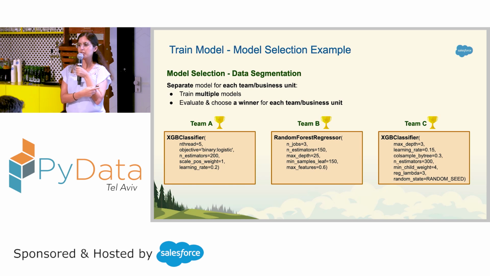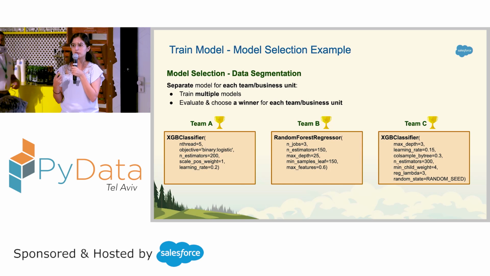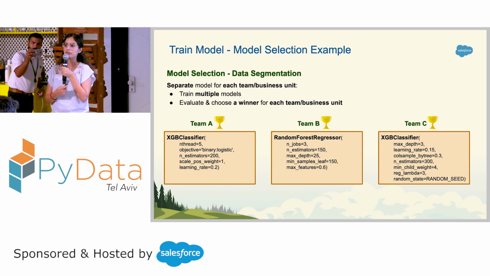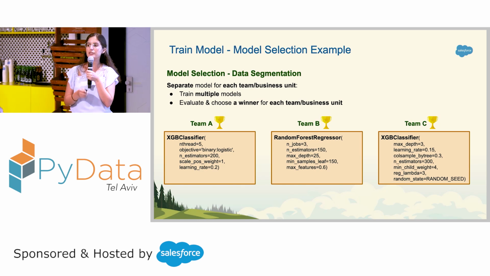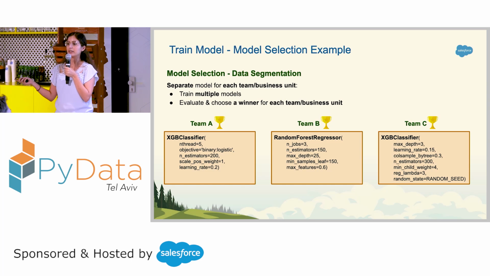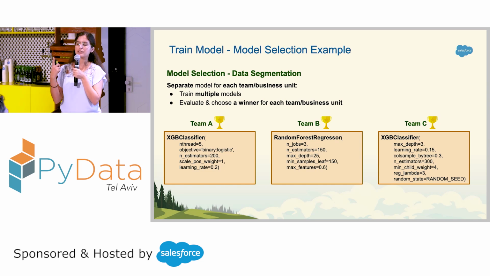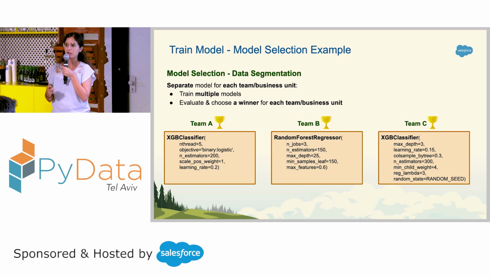So data segmentation comes to the rescue. The customer can configure the data segmentation and divide the leads into different segments, different teams. And then we can train multiple models for each segment, for each team, and choose a winner. Again, this time not for a single customer, but for each segment, we choose a winner.